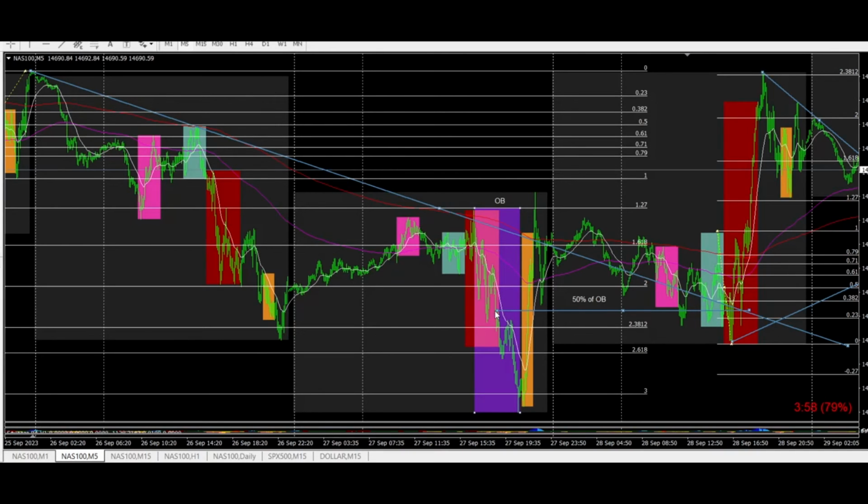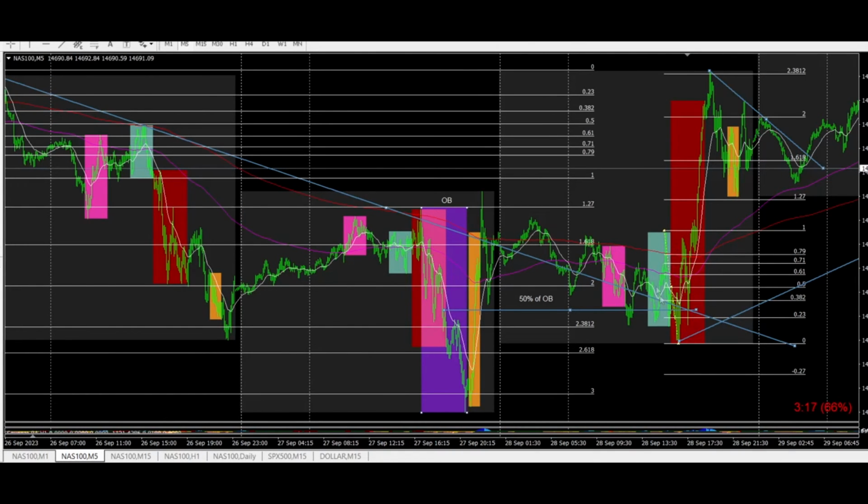But as we get to the 50% of this order block, once it crosses that trend line, look exactly here and see what price did. It took off like a rocket to the upside. This is something that you'll see in your charts. Pay attention to where the trend line crosses the 50% level of your order block.